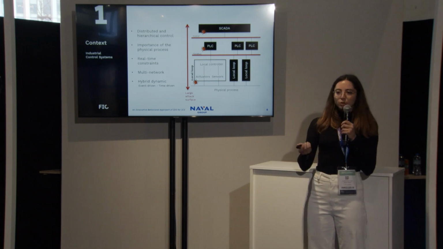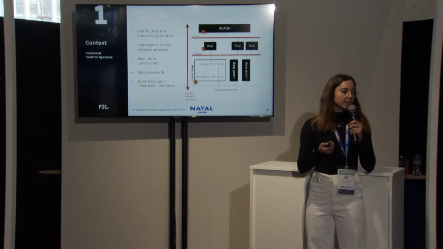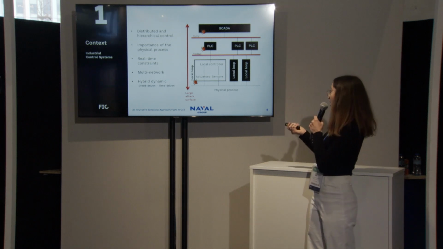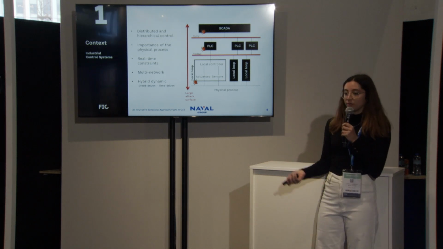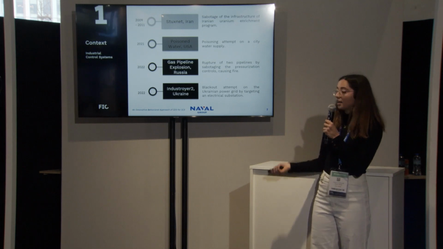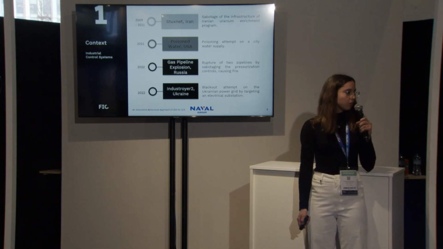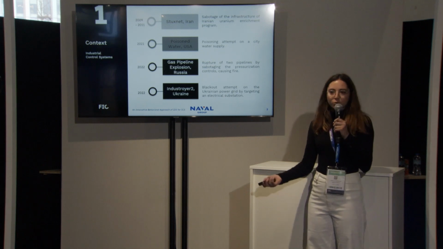Due to this typical architecture of ICS, every ICS has a very large attack surface. As a matter of fact, they have been specifically targeted by numerous attacks in recent years.